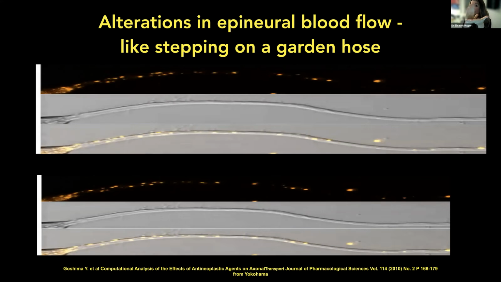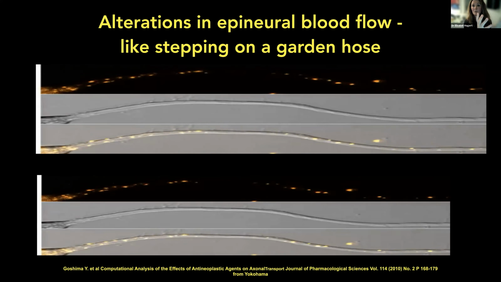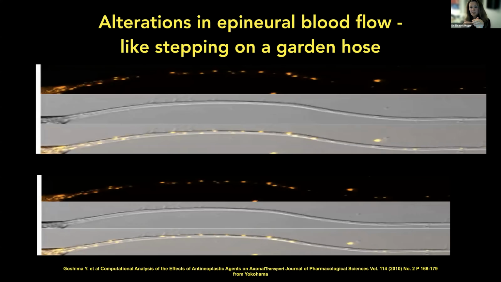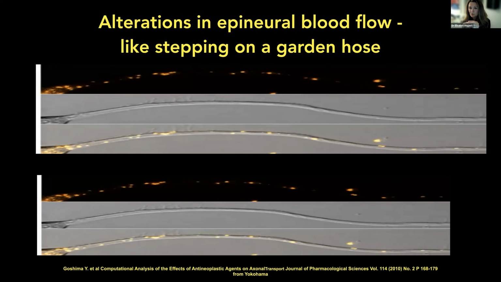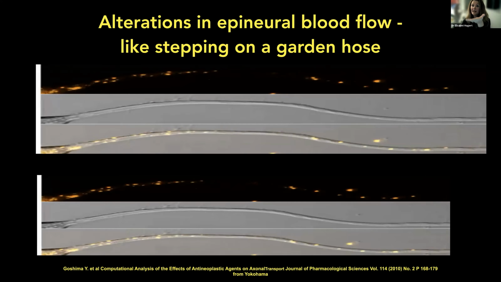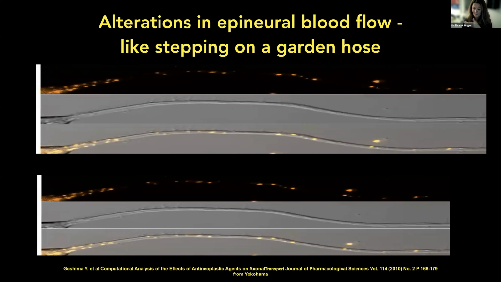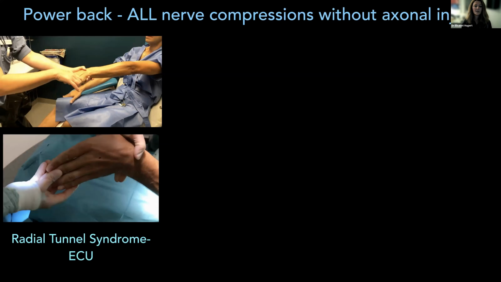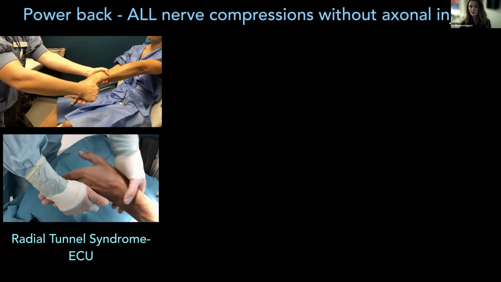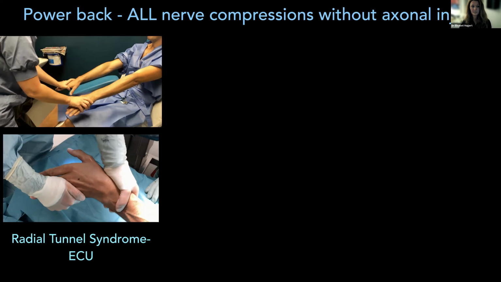As soon as you lift your foot off that garden hose, you will have that water flowing again. It's the same thing with a nerve compression where you do not have an axonal injury. As soon as you release the pressure on the nerve, that axonal transport will be back.